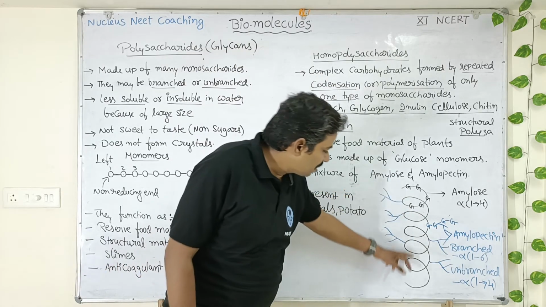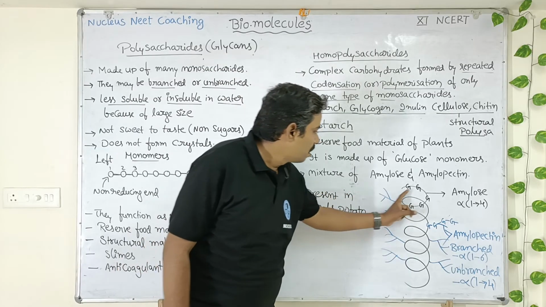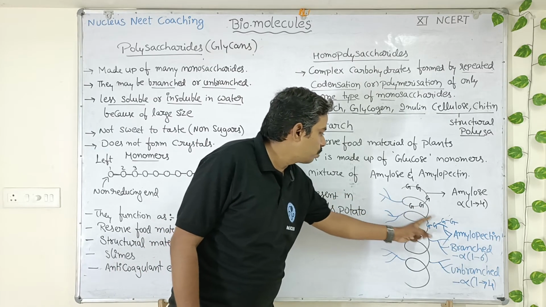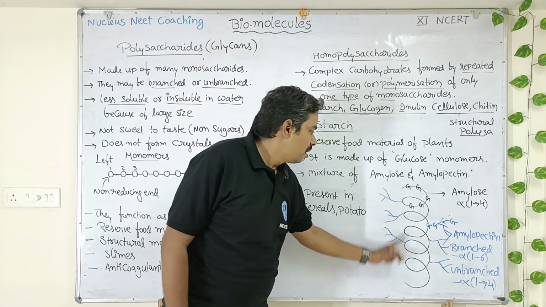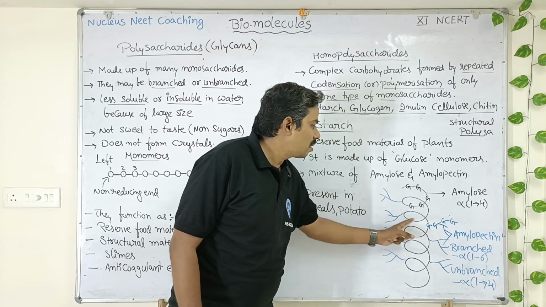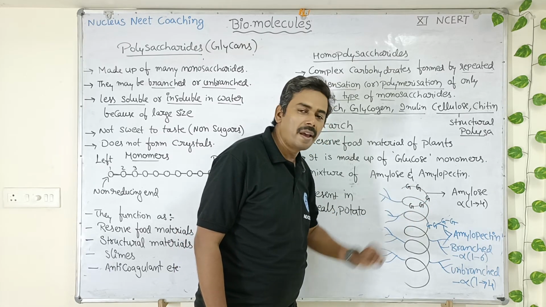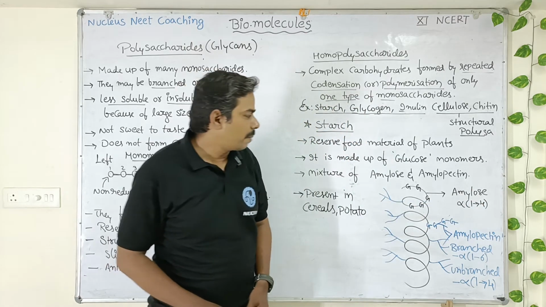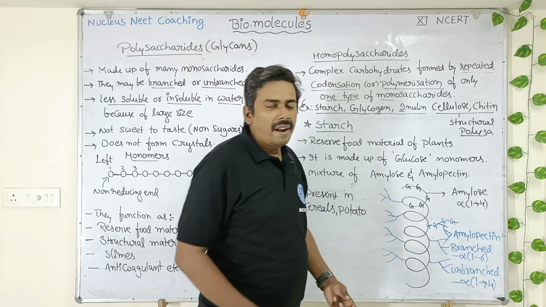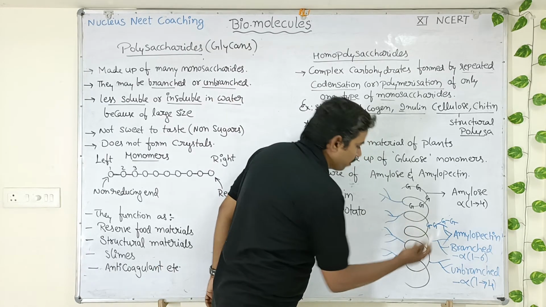Look here students, this is the structure of amylose. It is in the form of a spring, a coiled structure, a helical structure. This coiled structure is formed by several glucose units which are attached by alpha 1 to 4 glycosidic bonds. Amylose is a component of starch. It is spirally coiled.